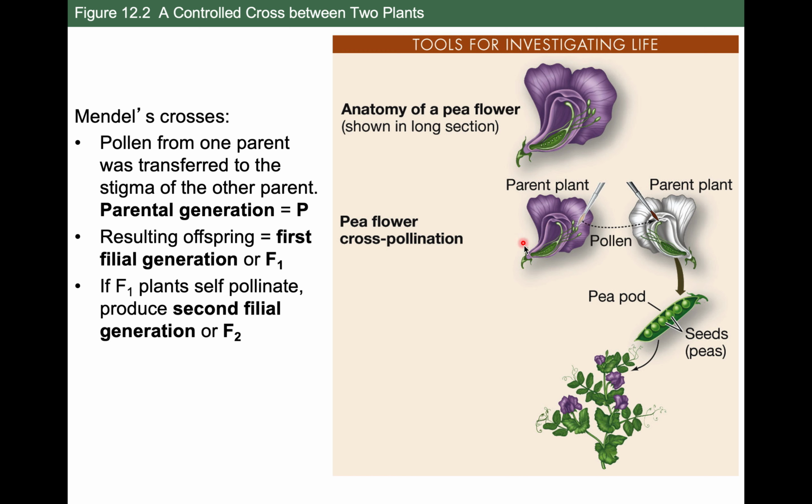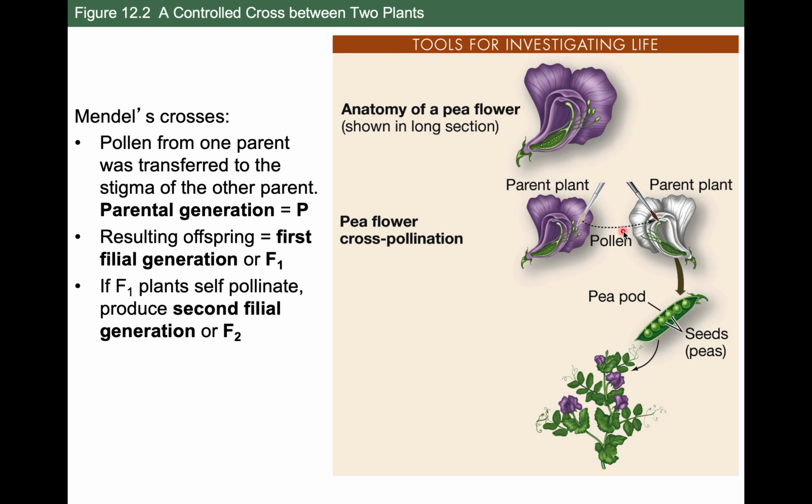He had one true breeding purple plant and one true breeding white plant. And again, that true breeding means if you let that purple plant self-fertilize, it's always going to produce purple offspring. If you let the white pea plant self-fertilize, it's always going to produce white offspring. So geneticists call those his parental plants, that parental generation.